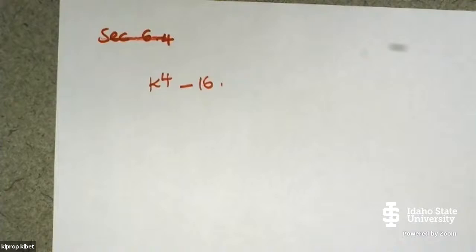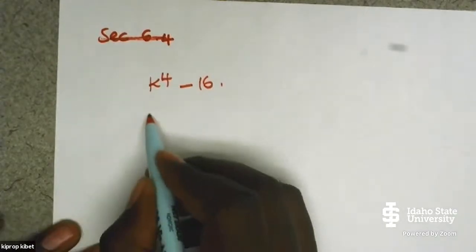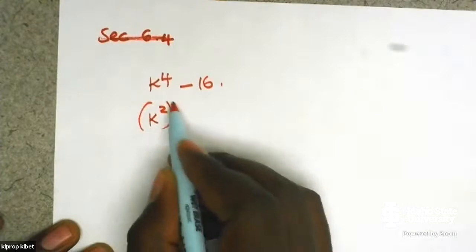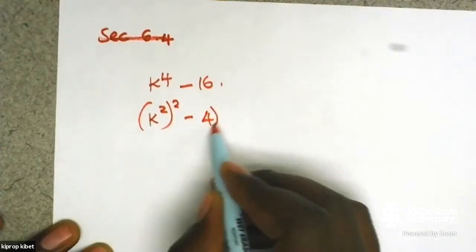Is it a difference of 2 squares? Right. It is, because this one is k squared, and this one is 4 squared. So this is equal to k squared, and then you square this minus what? 4 squared.